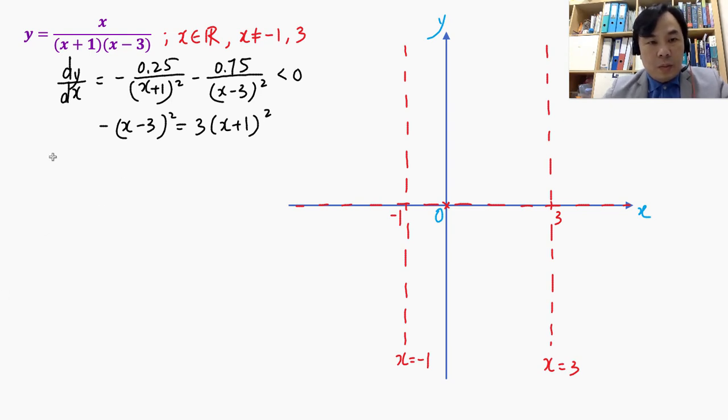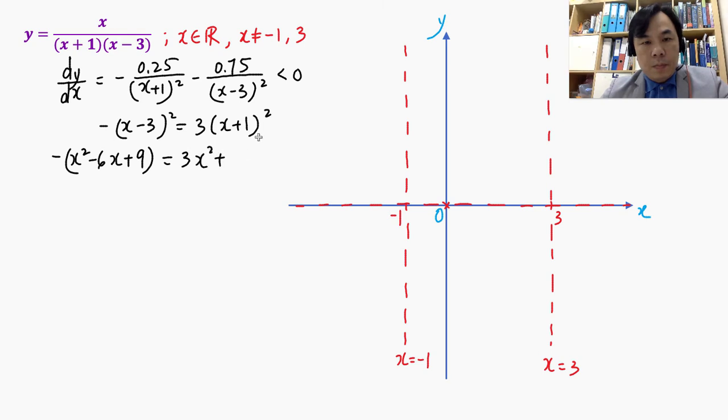Okay, so if you expand that, you'll get this. And then if we try to simplify everything, you get 4x squared. And then the 6 is gone. So you can see that the 6 is gone.